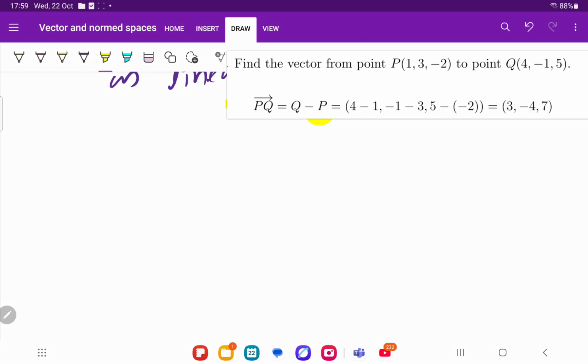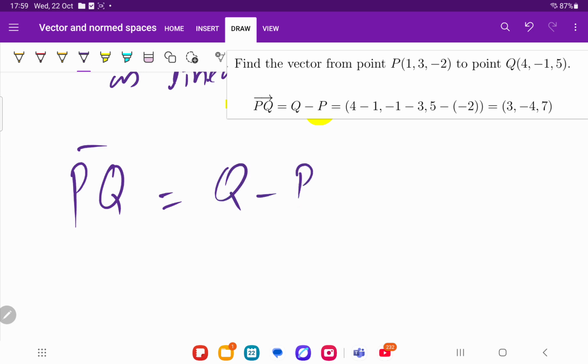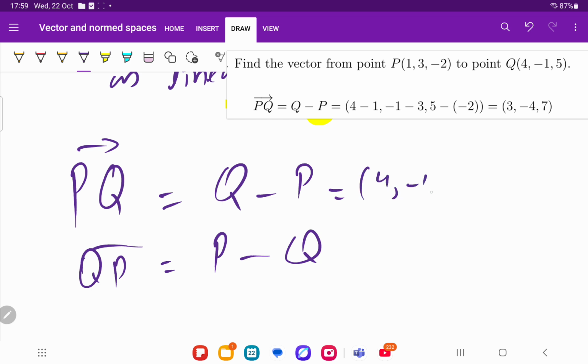If you have been given two points P and Q, and you would like to find the direction vector PQ, you would write Q minus P. If I'm asking you to find QP, then you should write P minus Q. For PQ, Q minus P; for QP it is P minus Q. So Q is 4, 5, minus 1, and P is 1, 3, minus 2.